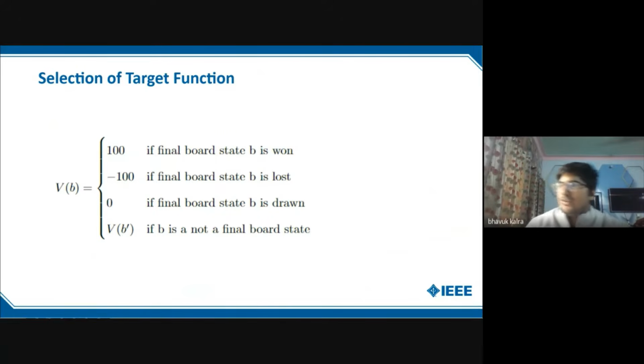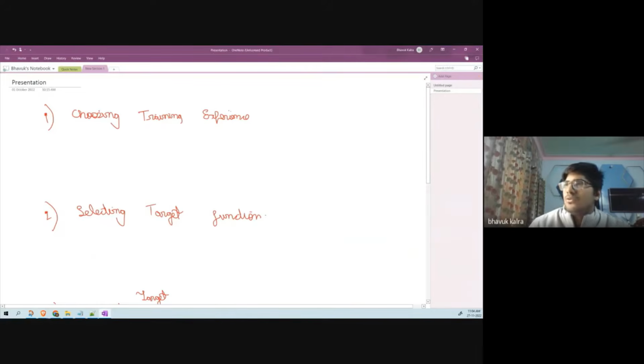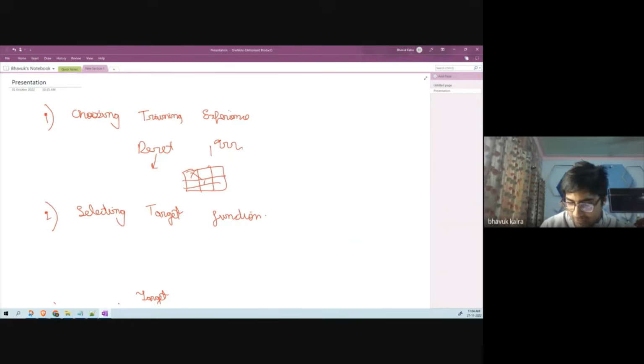For defining a board game algorithm, I'd like to take you through five points. First is choosing the training experience that we just discussed. We can have direct training experience or indirect training experience. Direct training experience is when you have a board state, for example this sample board state X0, and you give the best move alongside it, for example placing the cross here.